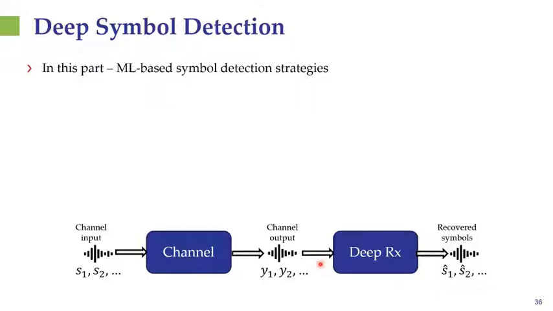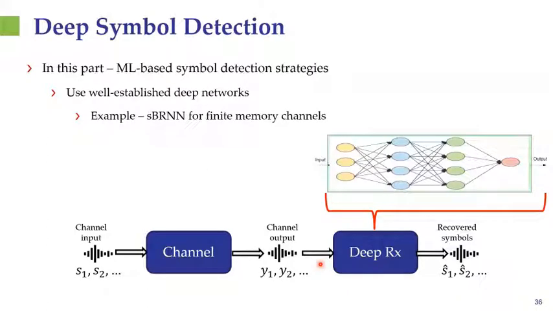We will consider three main approaches with concrete examples for deep receiver design. We will begin with the usage of established deep networks for this task. Namely, we're using a conventional neural network architecture in order to classify or to infer the symbols from the channel output. As an example, we will show the sliding bidirectional recurrent neural network, which was proposed as a symbol detector designed for finite memory channels.